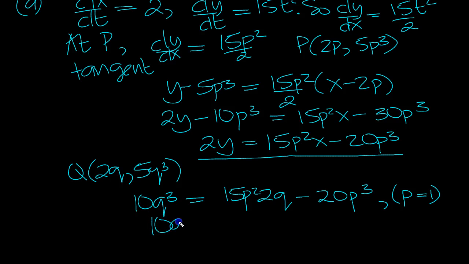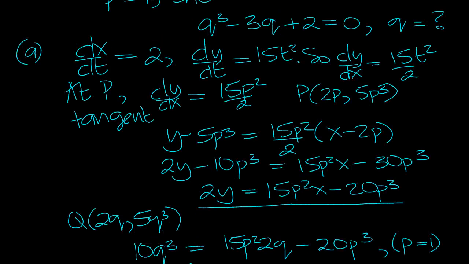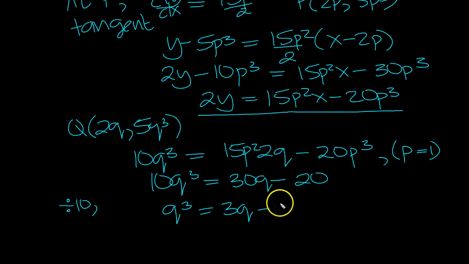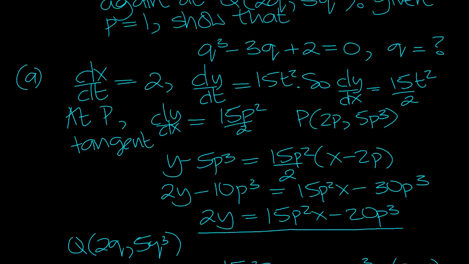We get 10q cubed equals 30q minus 20. So, okay, divide by 10 all the way through. That would get q cubed is equal to 3q minus 2. Okay.